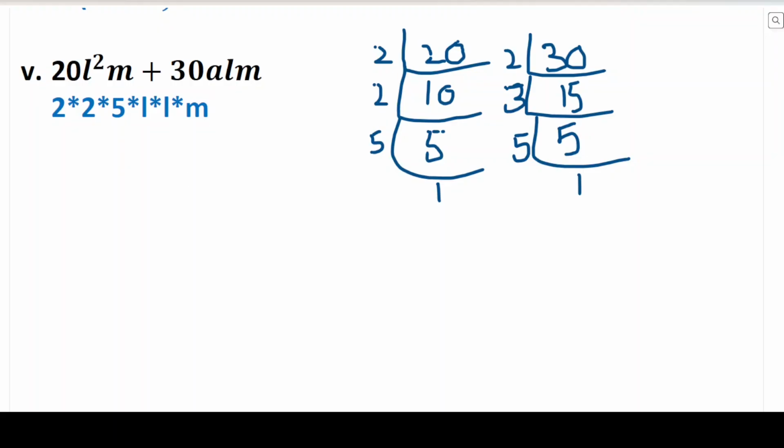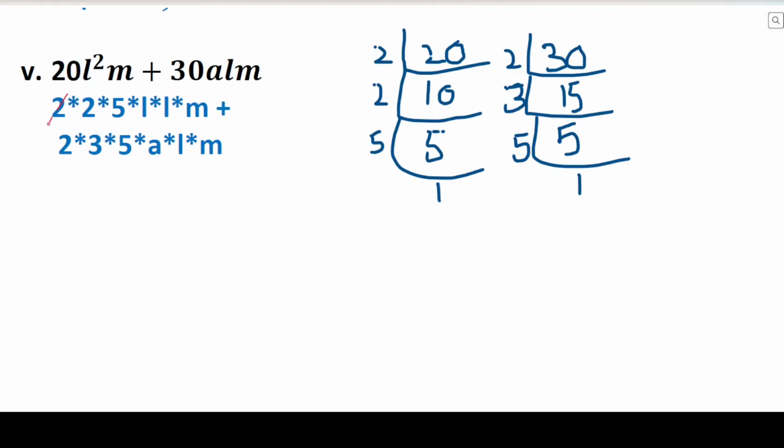And 30 ALM we can write as 2 into 3 into 5 into A into L into M. So find the common factors between 20 L square M and 30 ALM.